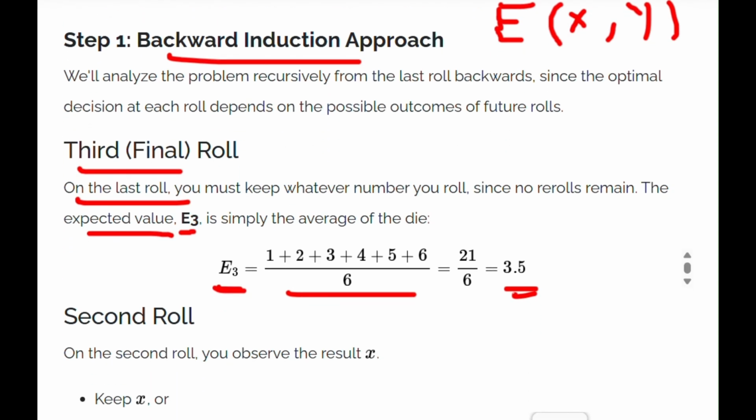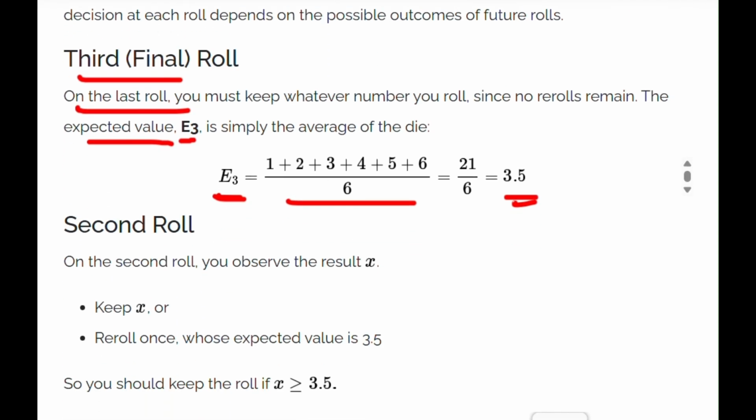Now we move backwards and come to the second roll. On the second roll, let's say you roll the die and you get a value of X. Now we have two options: we could keep X or we re-roll once, and then we would move on to the third turn where we have the expected value of 3.5 as we just calculated.